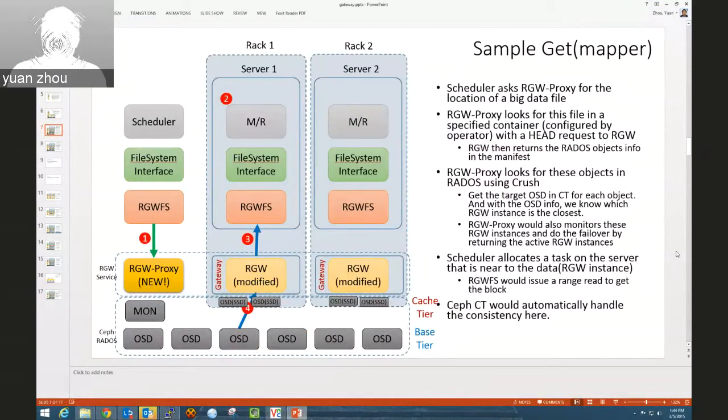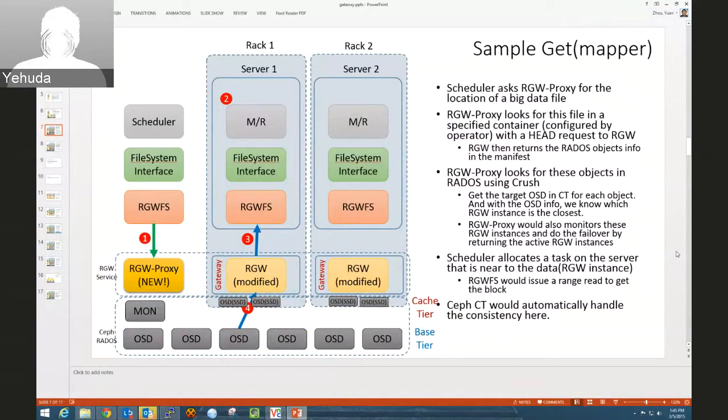For example, we can first get the locations for these objects in the base tier, and then by using some internal functions, I can't remember the exact name, but something like calculate object location in cache tier, we can actually get the target OSD for these objects in the cache tier. So we can know which RGW instance is closest to the data.